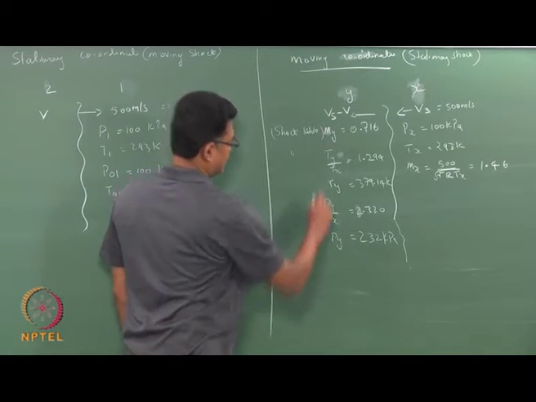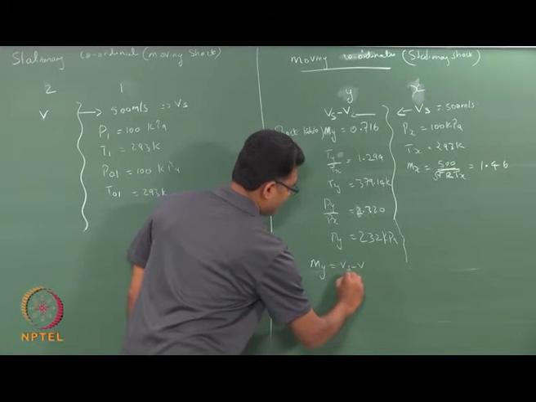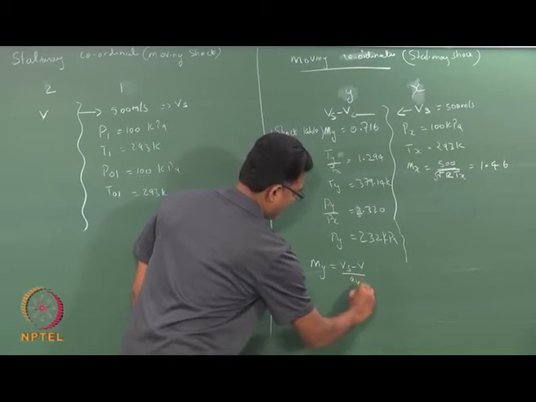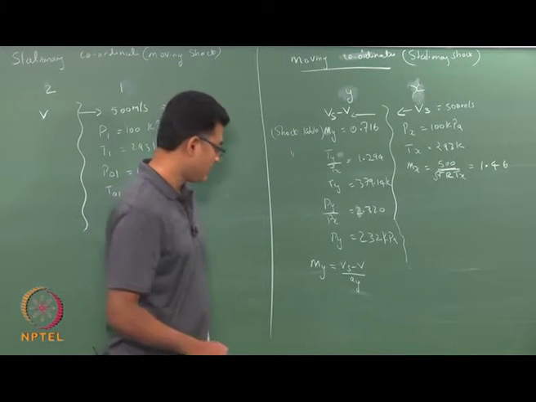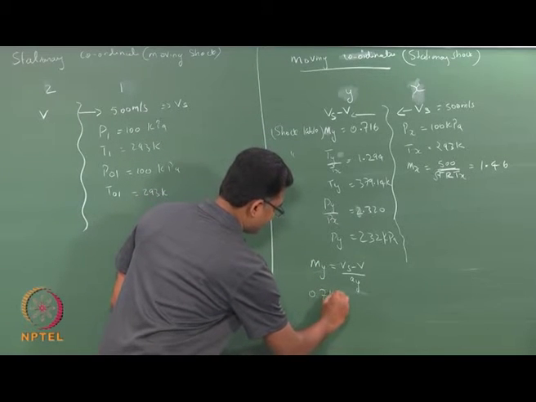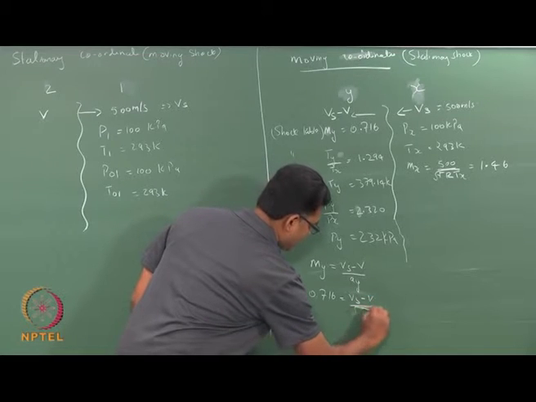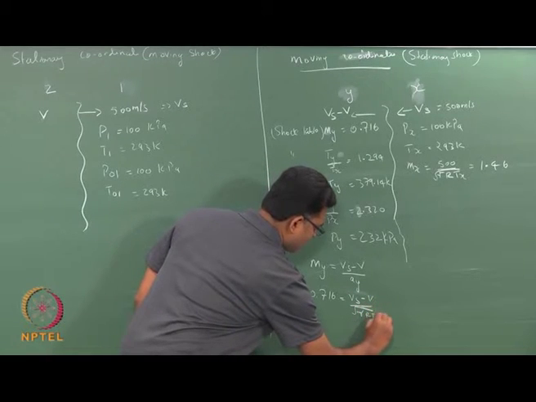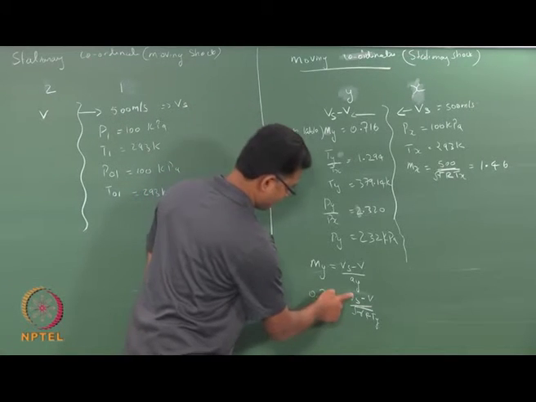From which my M is Vs minus V divided by Ay. Now since I know my Ty, I can find my Ay. So my M is 0.716 equals Vs minus V divided by gamma R Ty. So Vs also we know as 500.